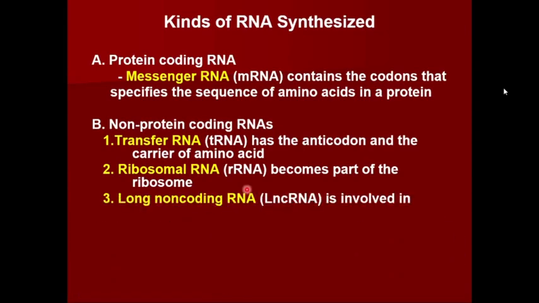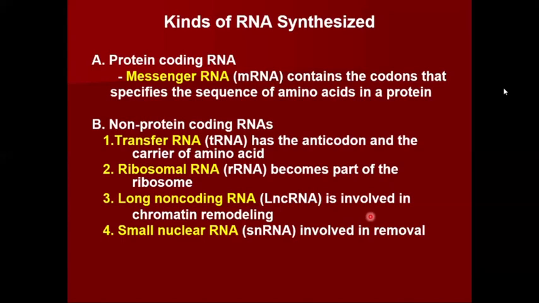Then you have the long non-coding RNA, and it is involved in chromatin remodeling. Then small nuclear RNA is involved in the removal of introns and splicing of exons. So this is the one involved in the conversion of heterogeneous RNA into a mature messenger RNA.